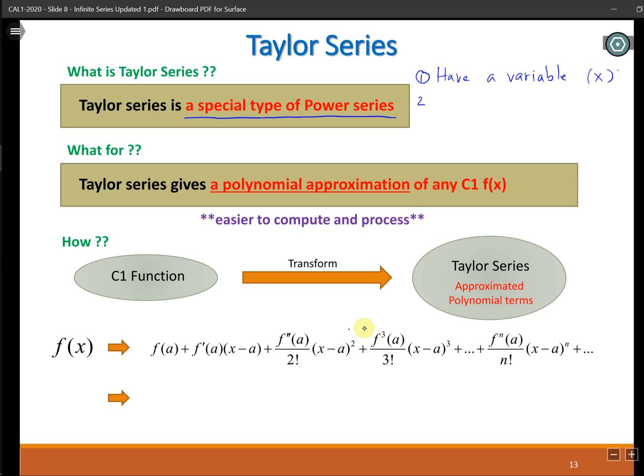Number two, just like power series, it must be built at a certain location or a point. Let's use a for that point, just like what we did in the power series.